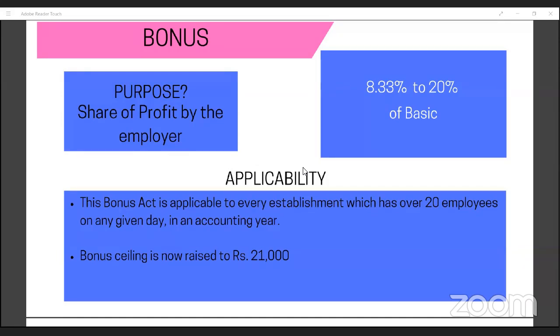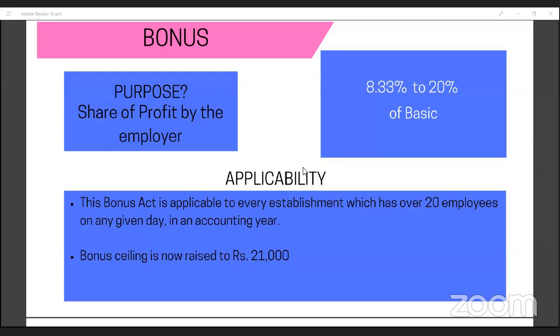Another question that people mostly ask is, when a person is eligible, how many years of experience does he need to have? Whether the employer says that this particular person should have this many years of experience in my company. But as per the Bonus Act, any employee who has worked 30 days or more is eligible for bonus.